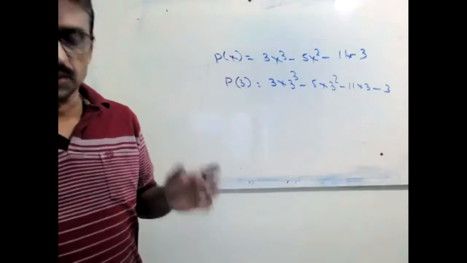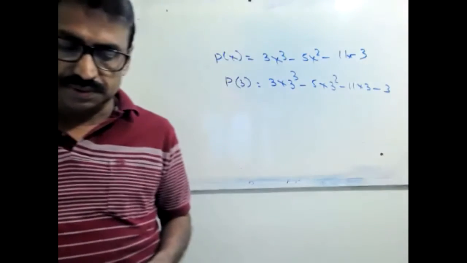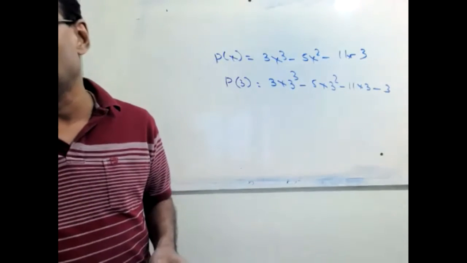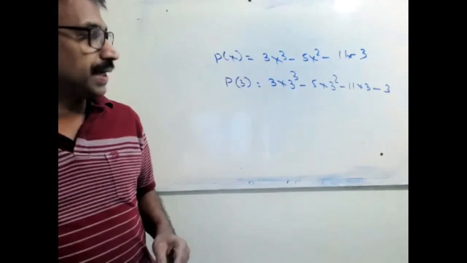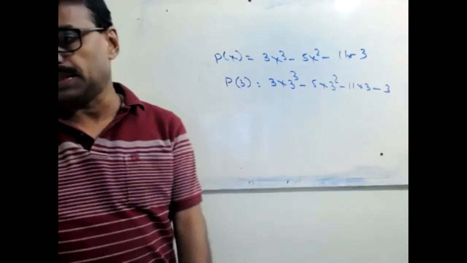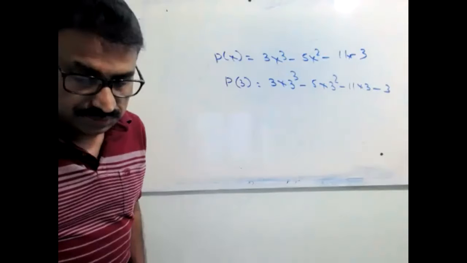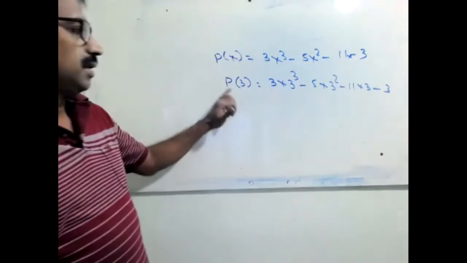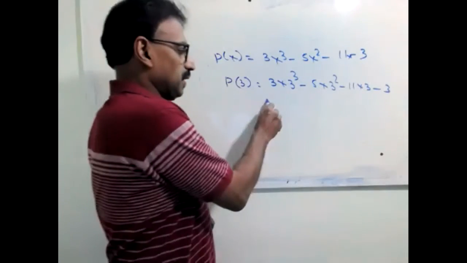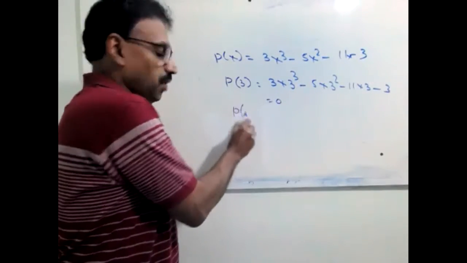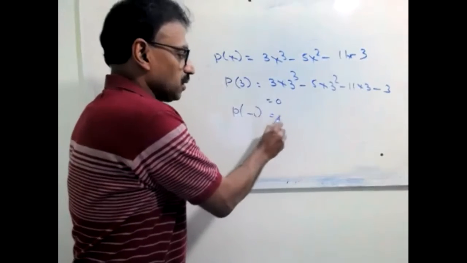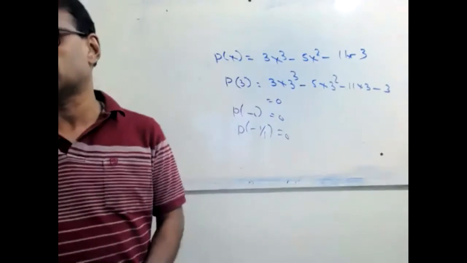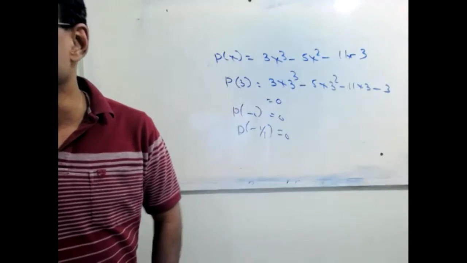The question is, verify that 3, minus 1, minus 1 by 3 are the zeros of the cubic polynomial 3x cube minus 5x square minus 11x minus 3. You substitute p of 3, you will get 0. Then p of minus 1, you will get 0. Then p of 1 by 3, you will get 0. Then we can say they are the zeros. Clear now? This is only for this example.